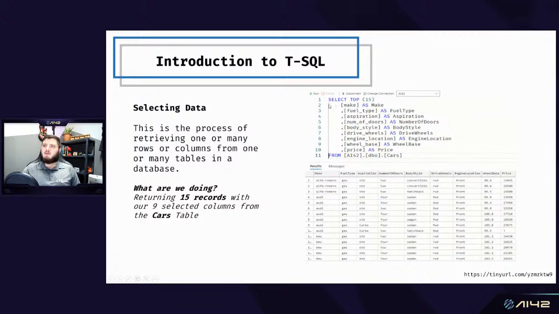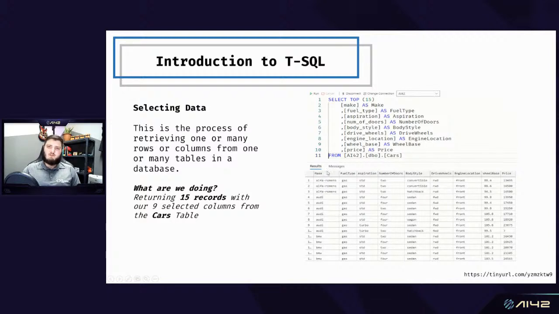I ask it to select the top 15 records, so give me 15 records from my cars table that sits in the AI42 database. In there, I've asked it to return the make, the fuel type, aspirations, number of doors, body style, drive wheels, engine location, wheelbase, and price.